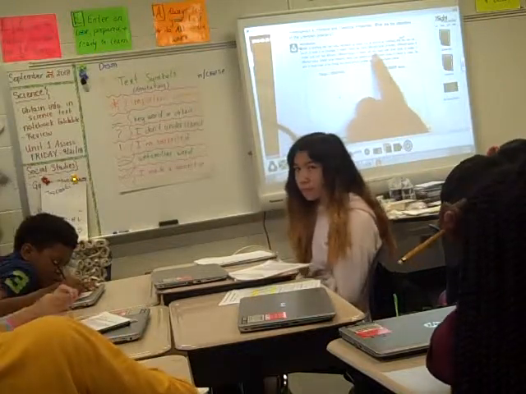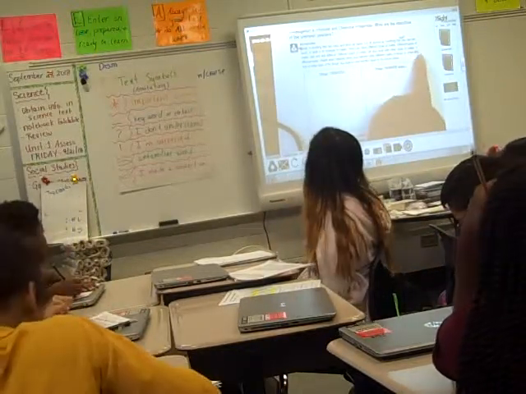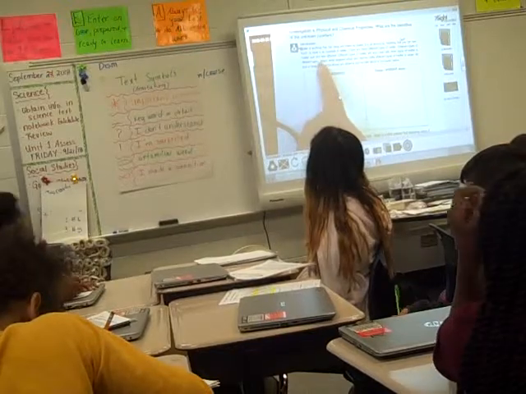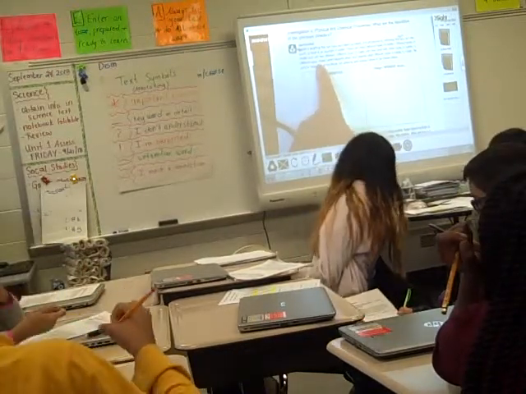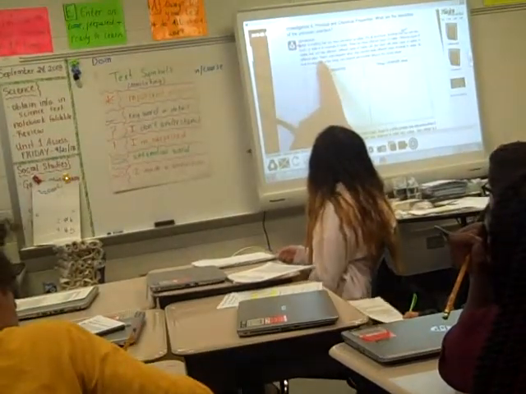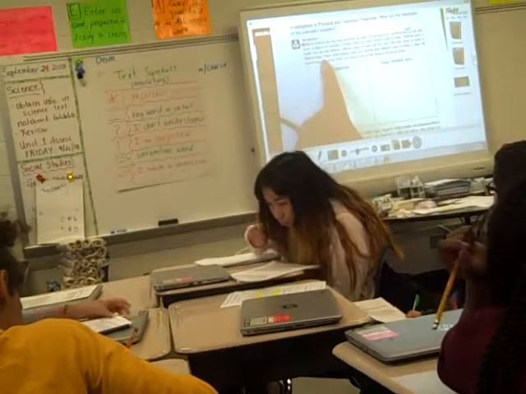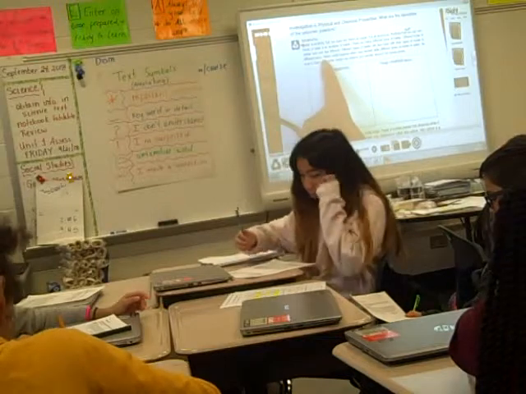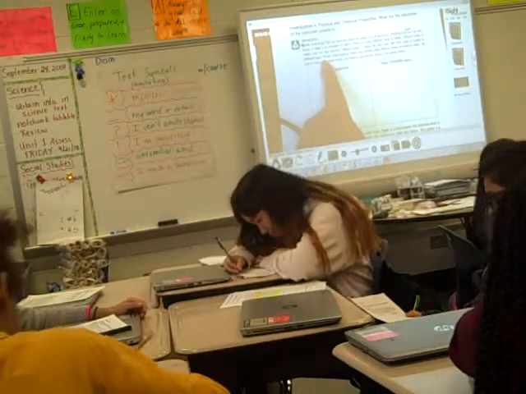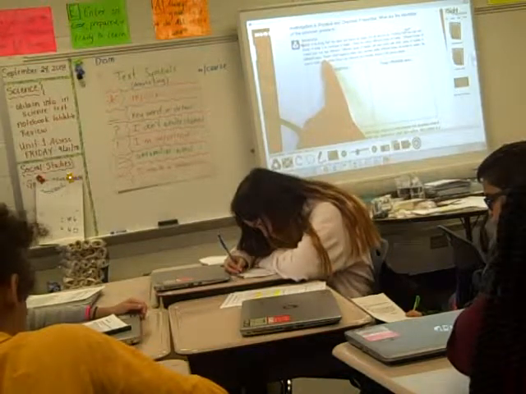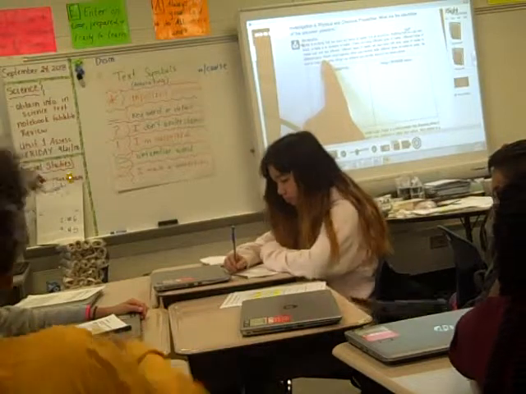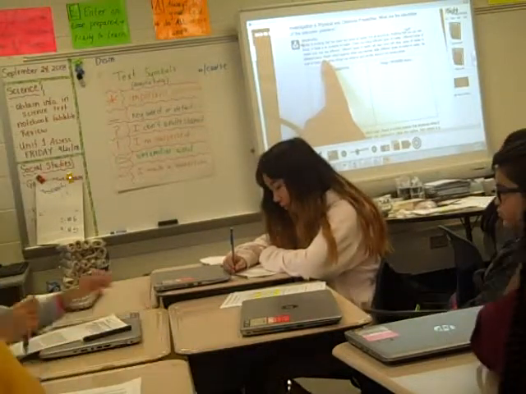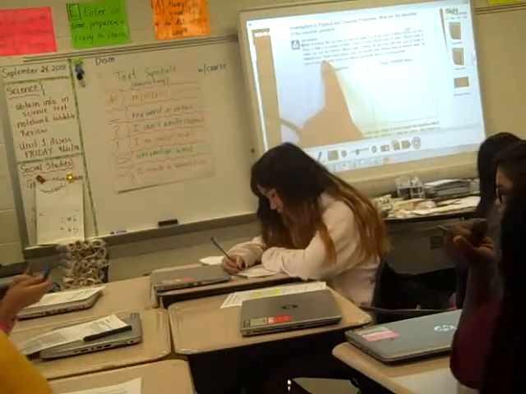Different types of matter will also react with other types of matter in different ways. So Mai, why did you select that as something that we should annotate in our text? Because I think that's part of our experiment that we're going to do. Okay, so it's maybe part of our experiment or investigation. Any other reasons why we should maybe annotate this one? Joshua? Because it's a keyword or detail.